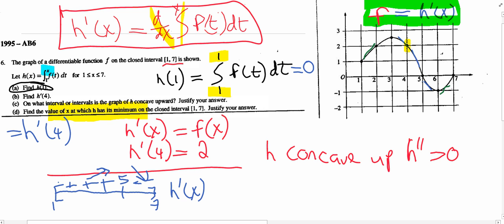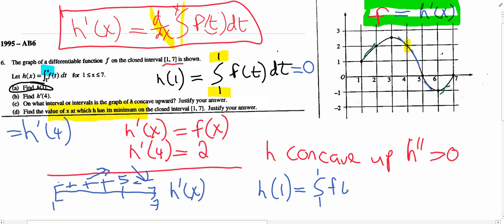So I guess all we need to consider is the endpoints. So let's see if we can analyze what h of 1 is. We already know h of 1 from the above part is equal to this, right?